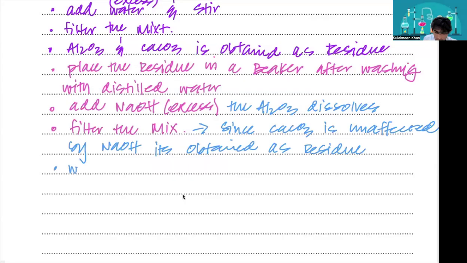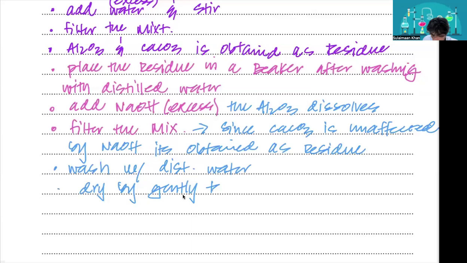And then again, wash it with distilled water, and dry by gently tapping between two filter papers. I said you don't need to write the reasons, but the description is there. Add NaOH, the NaAl2O3. You have to describe what's happening in the experiment.